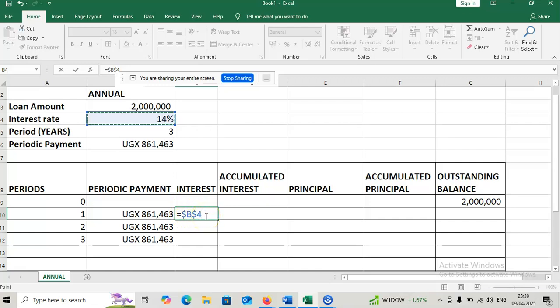This interest rate is not going to change, okay? Then multiply it. Now, interest rate affects the outstanding balance. It affects the amount of money you're left with to repay. Now, if my loan was 2 million shillings and I have so far paid 860 million, I should have the balance here, okay?